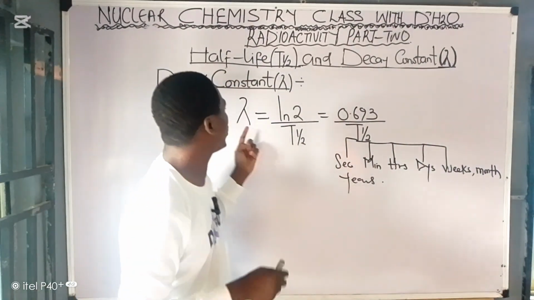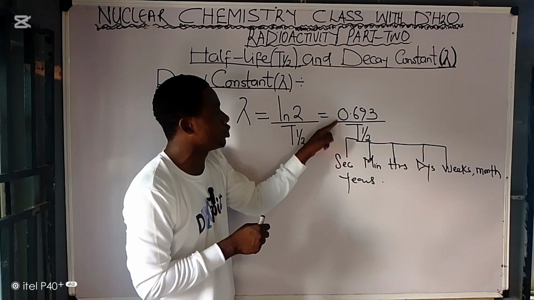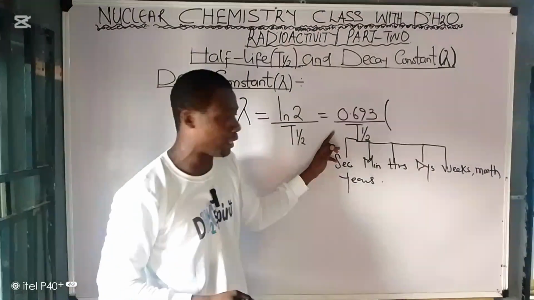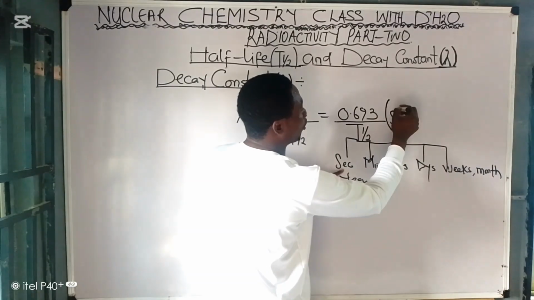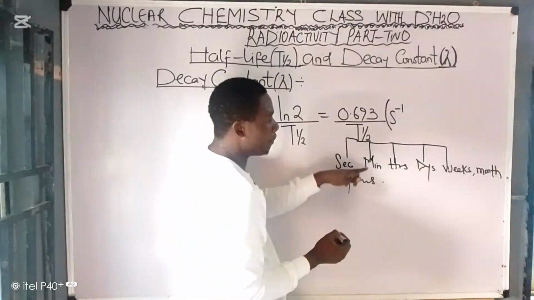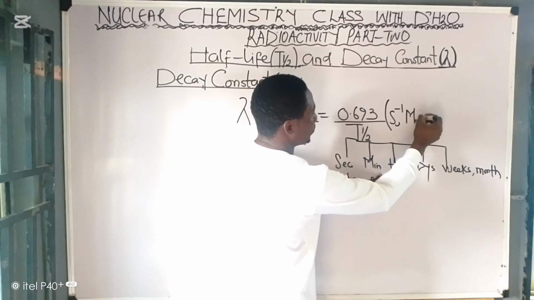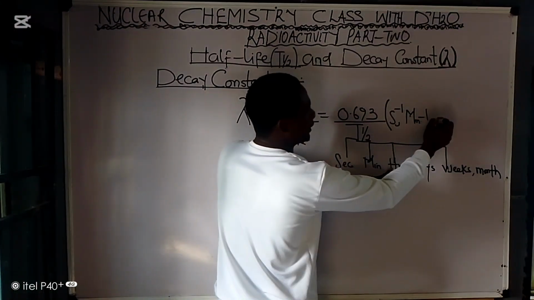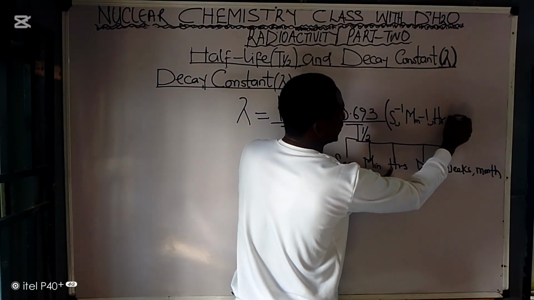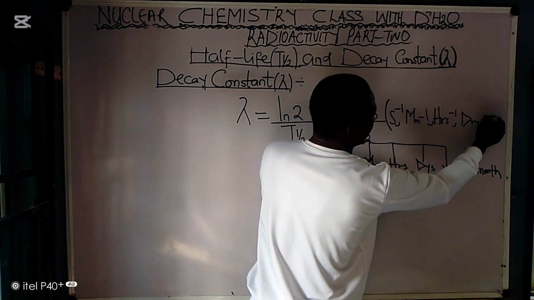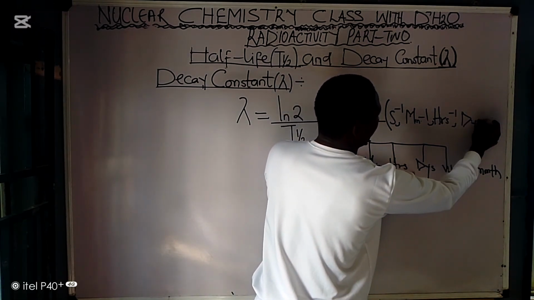Now, because you have decay constant equals 0.693 over half-life, it means that the unit for decay constant will either be per second. If the half-life is given in minutes, it will become per minute. If it's given in hours, it becomes per hour. If it's given in days, it becomes per day.